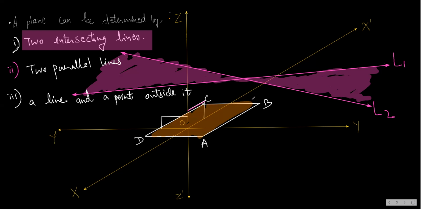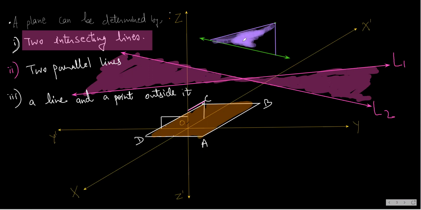Suppose I have a line here, and then I have a point here. So this line and this point define a plane. How? Very simple. I will start from the point and join any point on the line. Again here, I will start from the point and join any point on the line. And now what I see is a plane. Check, I got a plane.